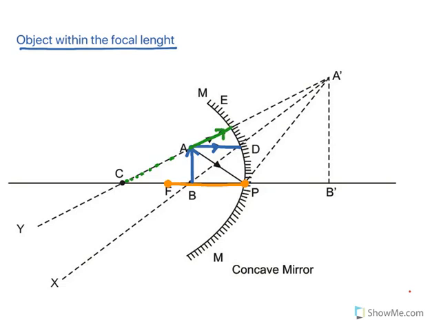So the one that is parallel to the principal axis, after reflection, it will pass through the focus. So it comes parallel, it goes through the focus. The one that comes from the center of curvature over the object, it will retrace its path.